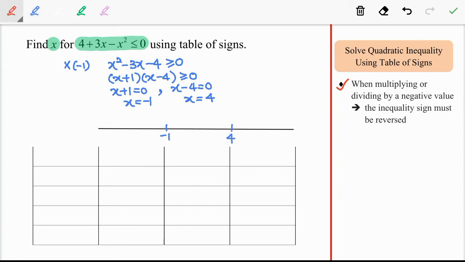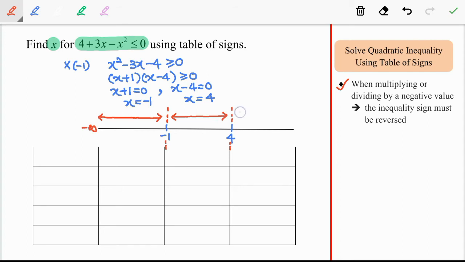As you can see, these two roots divide the number line into 3 intervals. The first interval is from -infinity to -1. The second interval is from -1 to 4.